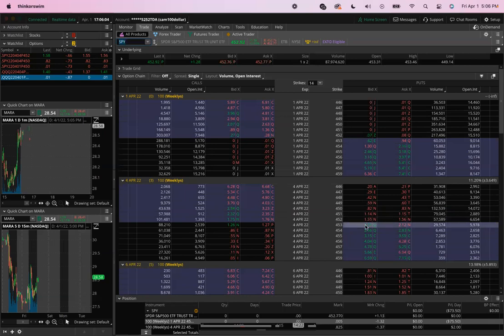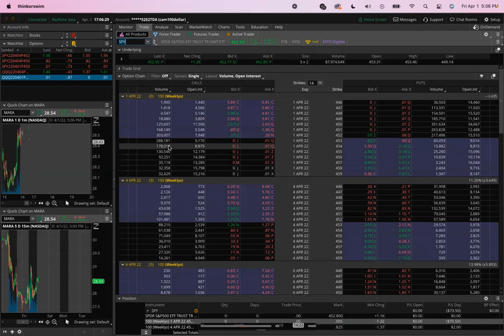But usually when I'm trading, I'll play 1 to 2, sometimes 3 days till expiration, because with indexes, like I said, you have contracts that expire Monday, Wednesday, and Friday. Sometimes, if the market's closed on a Monday, it'll expire on a Tuesday. So SPY, QQQ, the Russell, some other indexes.